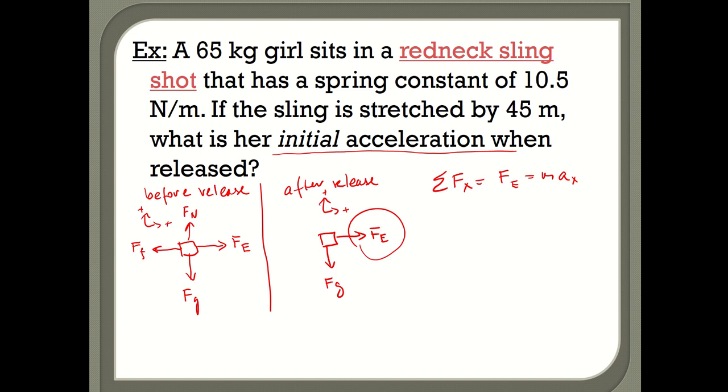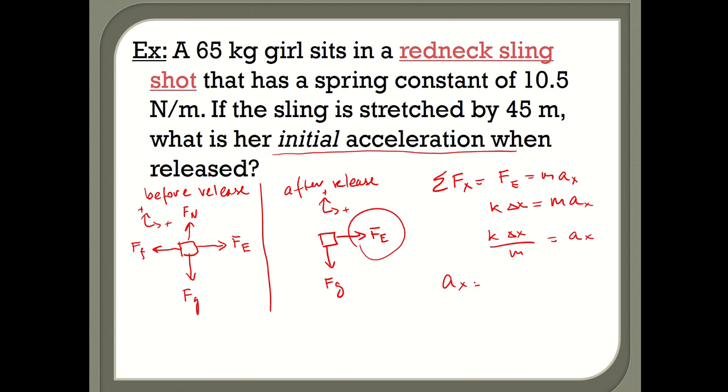Fg, the y direction altogether, we don't really care about. So this is the only force, so we can replace our Fe with k times delta x equal to ma, right? Because we're looking for the acceleration, let's solve this for a first. So divide both sides by m, so we get k delta x over m equal to ax.